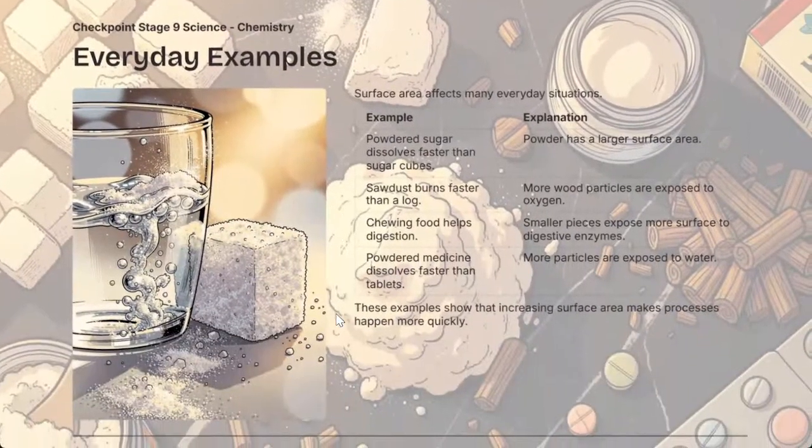Here's an everyday example. Number 1, powdered sugar dissolves faster than sugar cubes. So that is why we use powdered sugar. It is to increase the speed at which it dissolves. Are we together? Good.